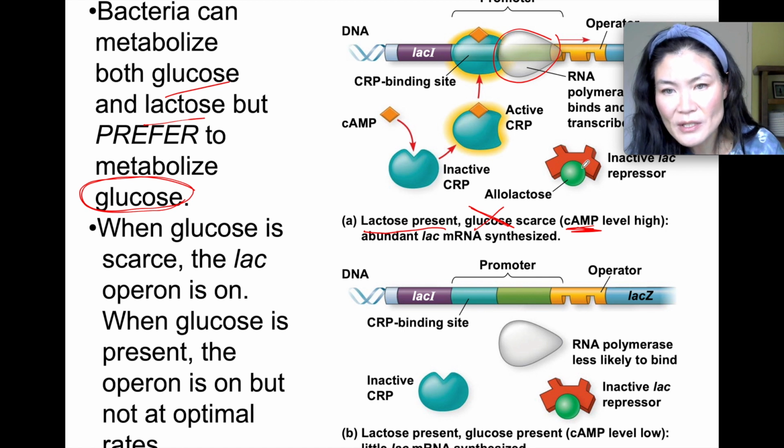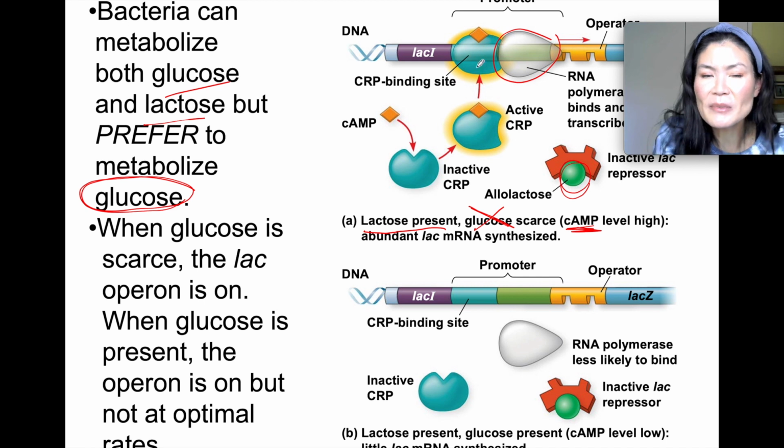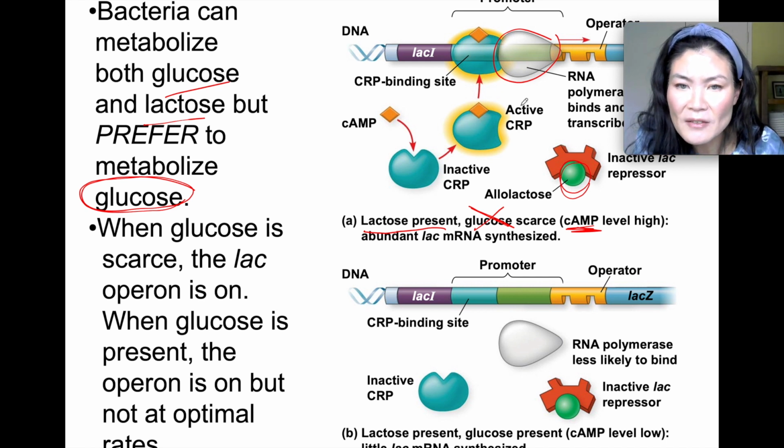So when lactose is present, it binds to the repressor and pops it off the operator, and in addition, cAMP binds to the CRP protein and helps the RNA polymerase. I'm almost tempted to say that the active CRP is like a transcription factor, but it's not.